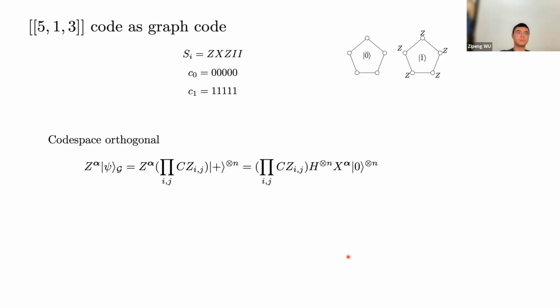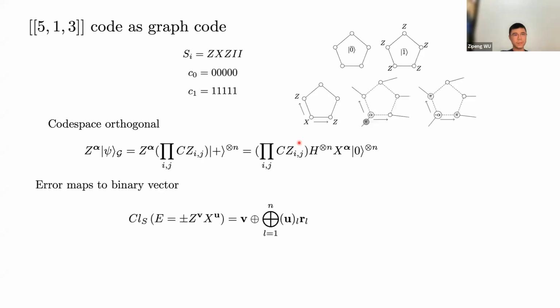First, it's immediate to see that the code space is orthogonal, as the Pauli Z operator acting on the graph state commutes with the controlled-Z operator, and then we perform the conjugation by Hadamard. It turns out it's the Z^alpha acting on the computational basis. Therefore, different Pauli Z^alpha acting on the graph state will result in orthogonal states.